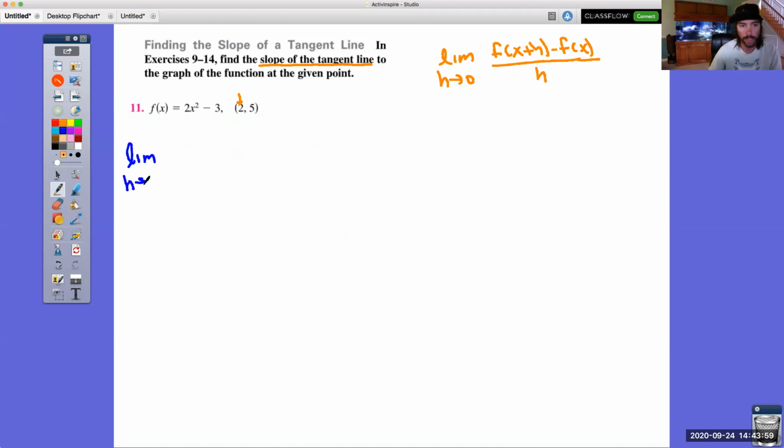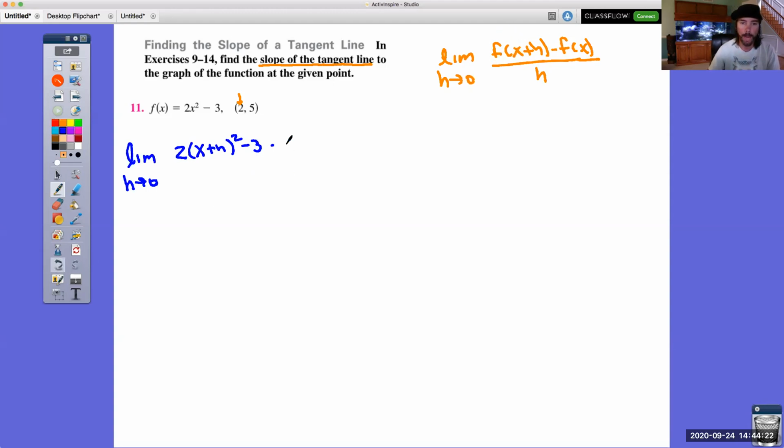So limit as h goes to 0. Anywhere I see an x, I'm plugging in x plus h for that x. So it's going to be 2 parentheses, x plus h squared, minus 3. All of that is f of x plus h.